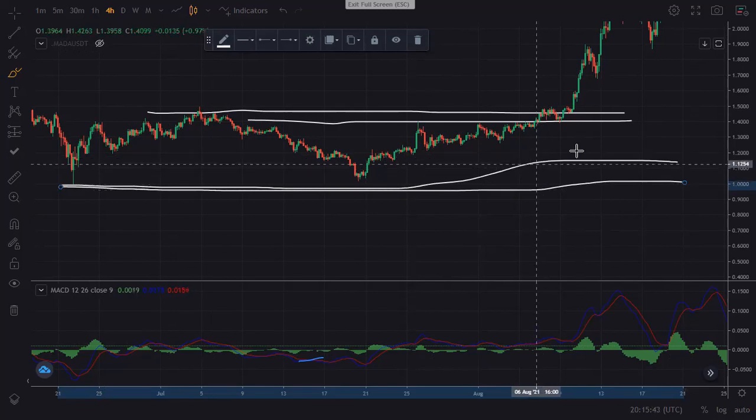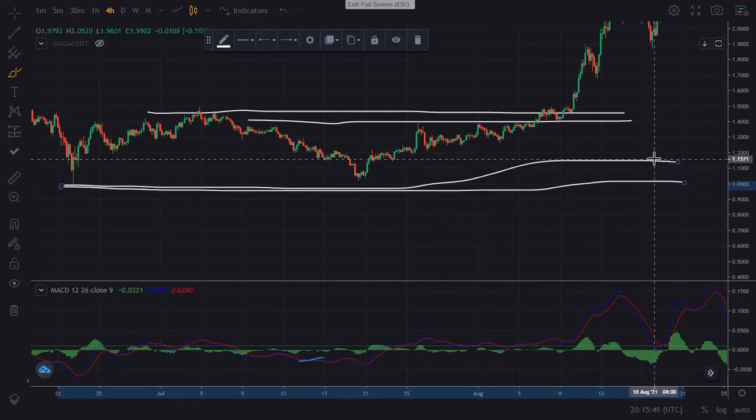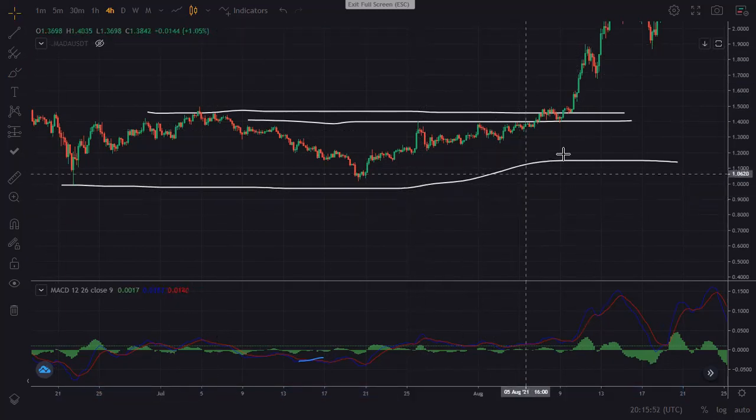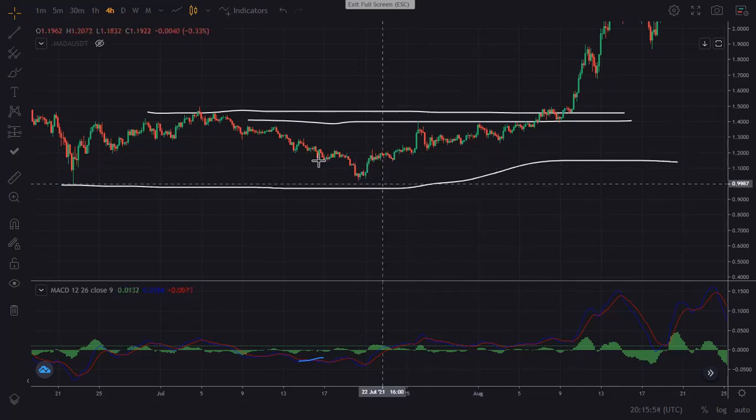Now, these two lines are the lines that we are going to look out for. If this is the previous lowest low, this is the previous highest high. So if this market crosses this highest high, it's breaking out, it's going to break out upwards.